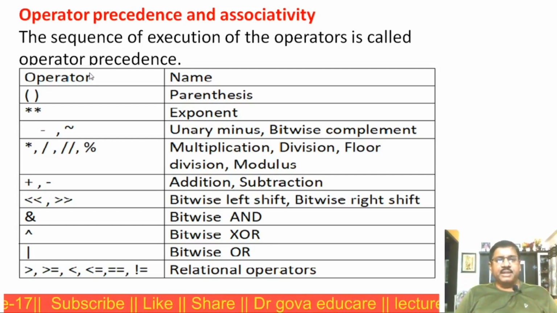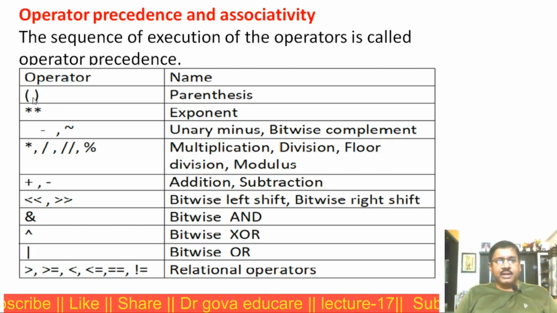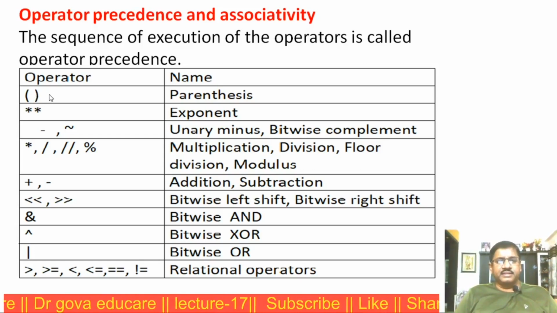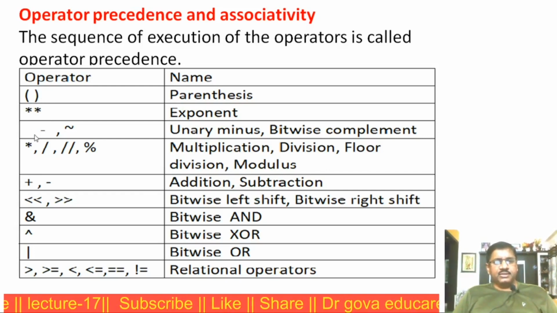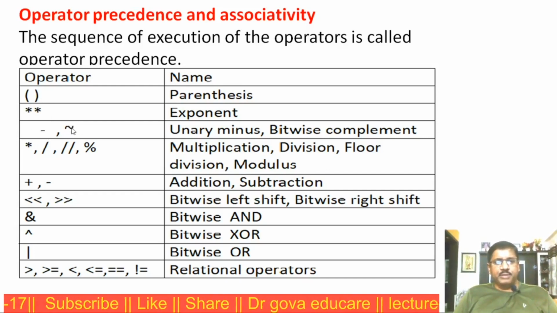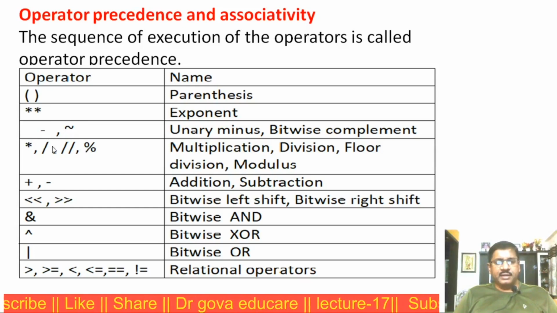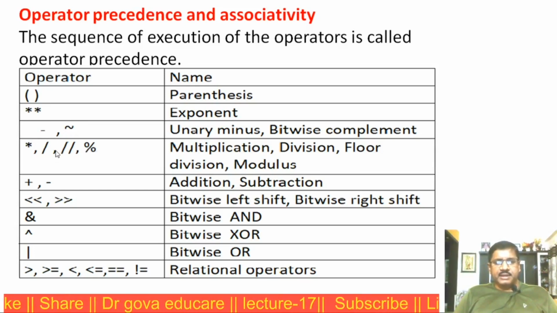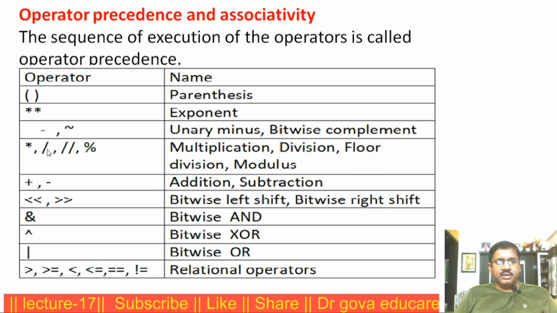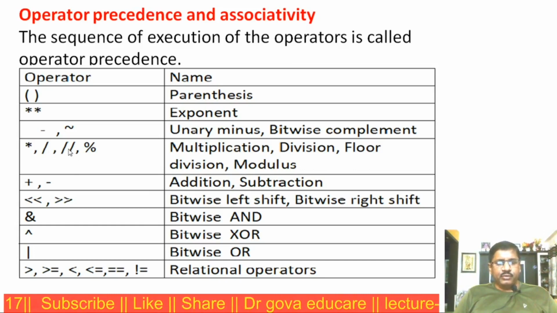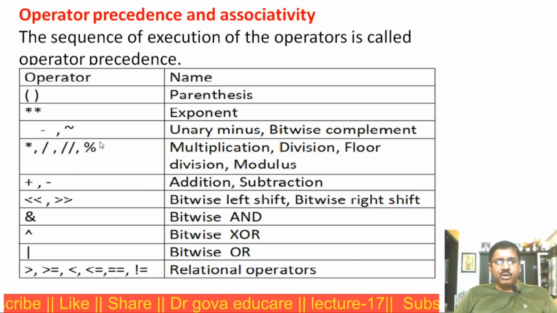Say, in a mathematical expression, first priority is parenthesis, the next exponentiation, the next unary minus and bitwise complement, the next arithmetic operations, that is multiplication, division, floor division, modular division.